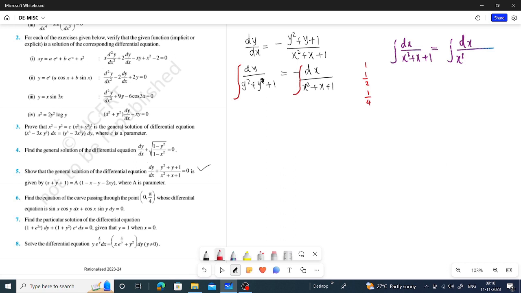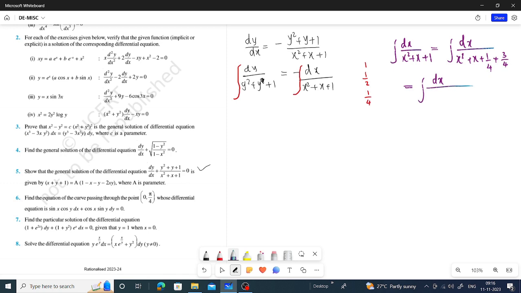So we need to add the square 1 by 4. So that is what we do here: x square plus x plus 1 by 4. Actually here we got 1, and instead of 1 we are writing here 1 by 4, so the remaining 3 by 4 should be added there. Okay, so this is how we complete the square.